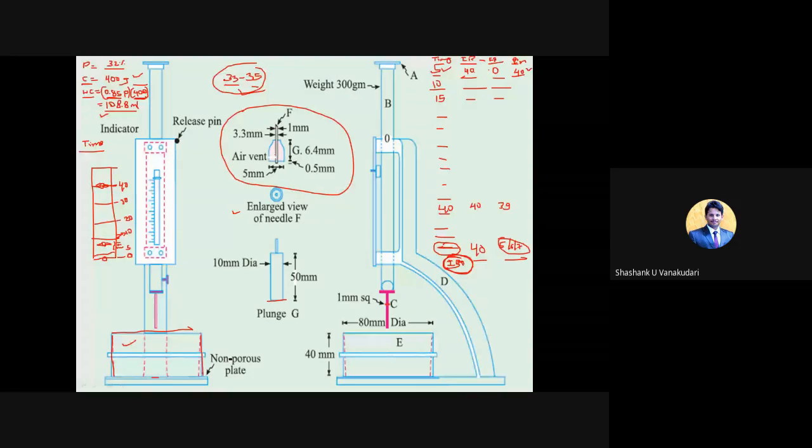Once we place this enlarged view of needle, for every 30 minutes we need to note down the reading. Actually no need to note down the reading here, you just need to release the pin which is attached with this enlarged view of needle, right? No mark should be available on the cement.